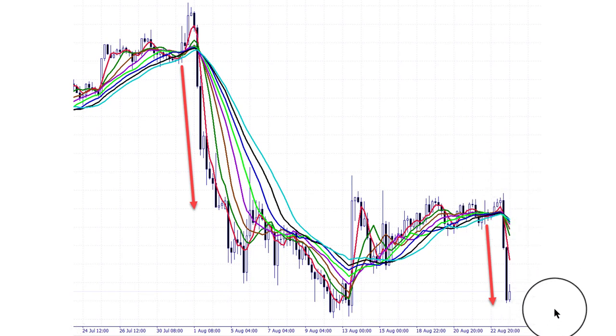I hope I've given you something interesting to think about. This is a free trading technique. The indicator is free. All you need to do is catch the psychology of the market and see it reflected in these multiple moving averages. There are hundreds of other signals that you can see in these moving averages, but I'm only highlighting one of them today.